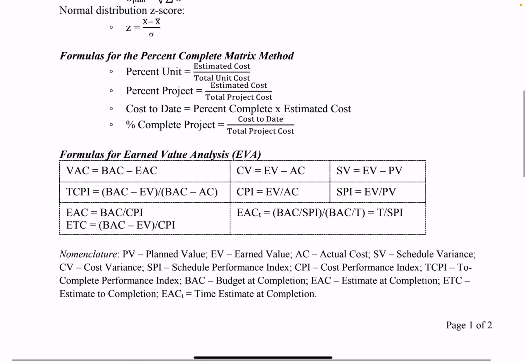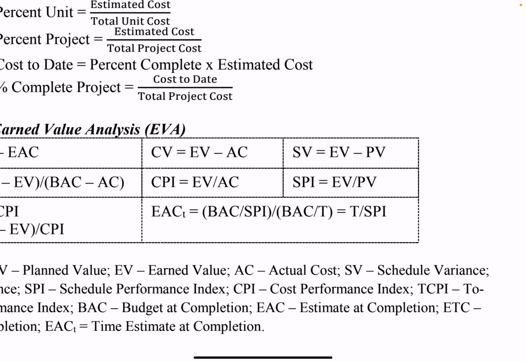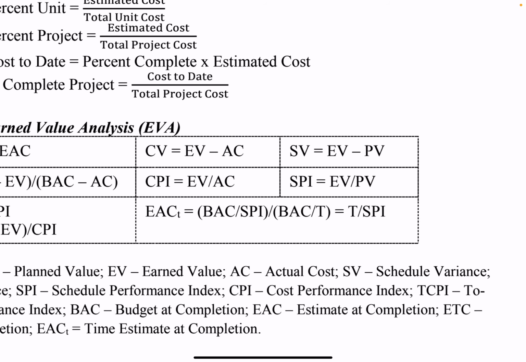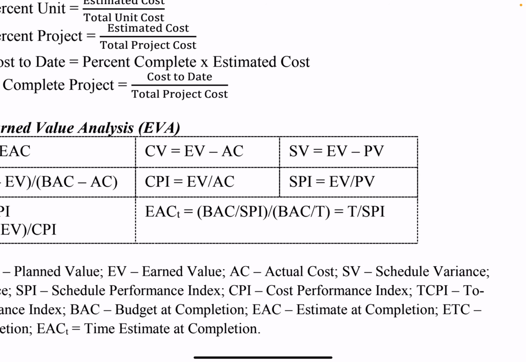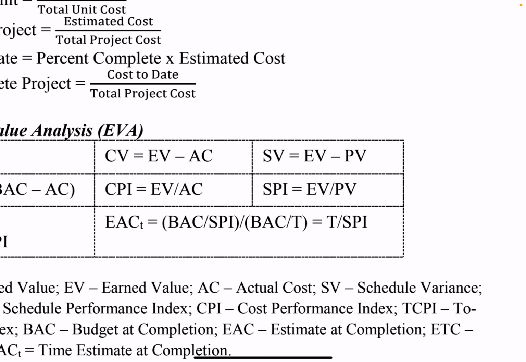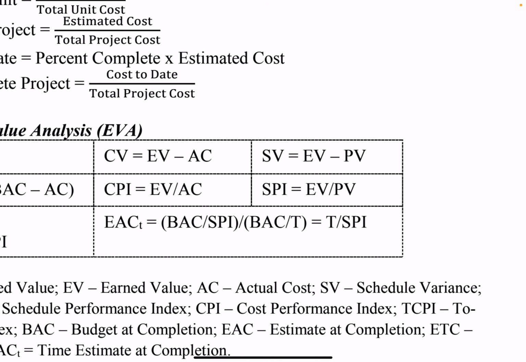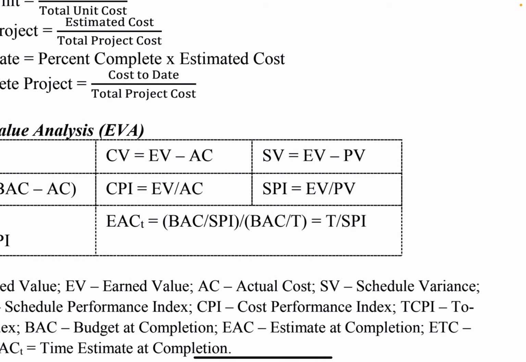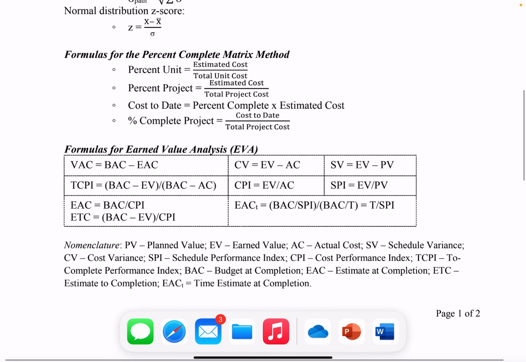We can determine by either CV, cost variance, equal to EV minus AC, or cost performance index, CPI, EV over AC, to assess the cost. For schedule, we determine the schedule variance, EV minus PV, or schedule performance index, EV over PV. So let's go to those equations.